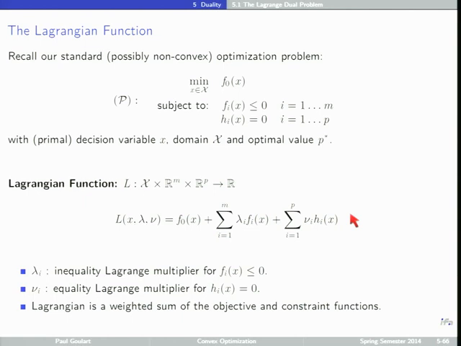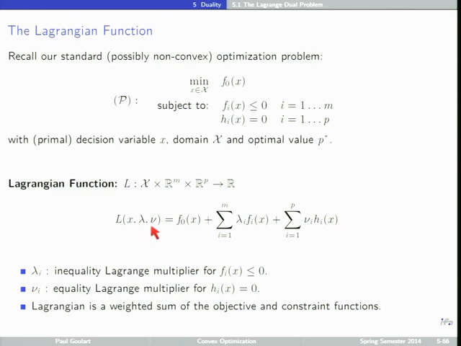I take my inequality functions fi, multiply each one by some number lambda, and add them all up. Then I multiply each of my equality functions hi by some other scalar nu, and add those all up as well. So now I have a function of x for fixed lambda and nu, which I can think of as just weights.